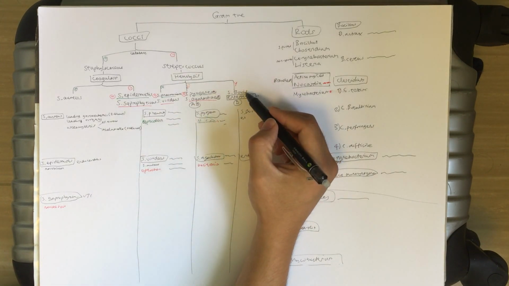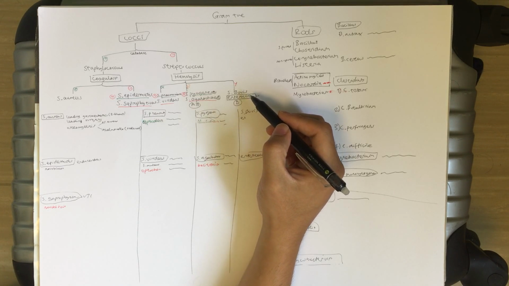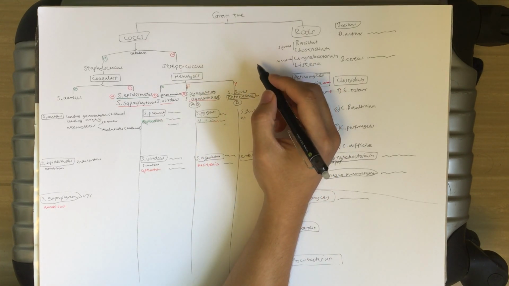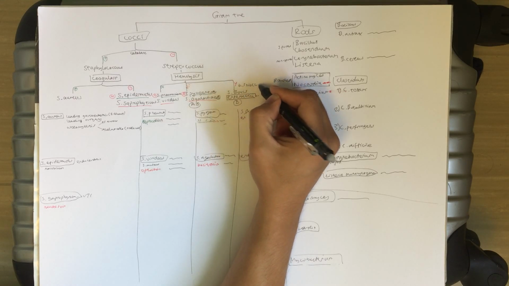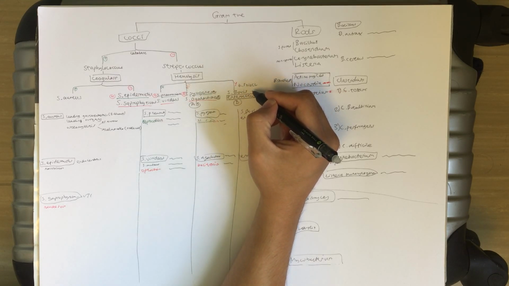Another thing is that Strep bovis and enterococci, how do you differentiate between the two? You can grow them in a medium with 6.5% salt.